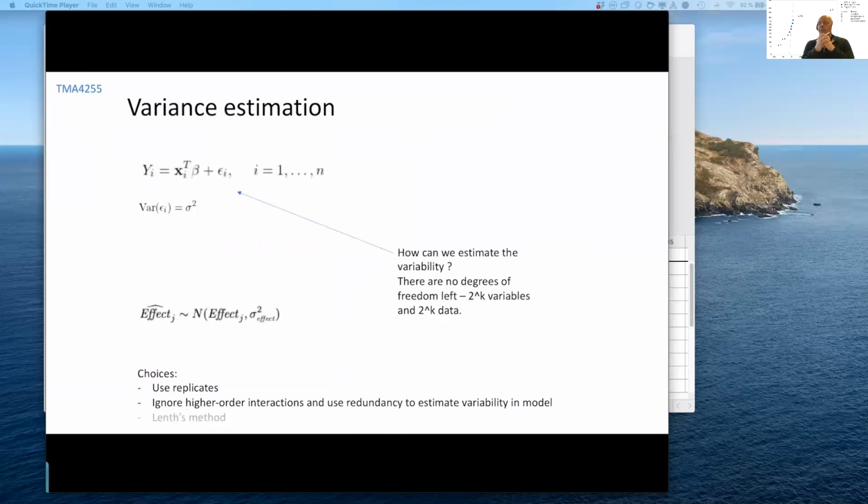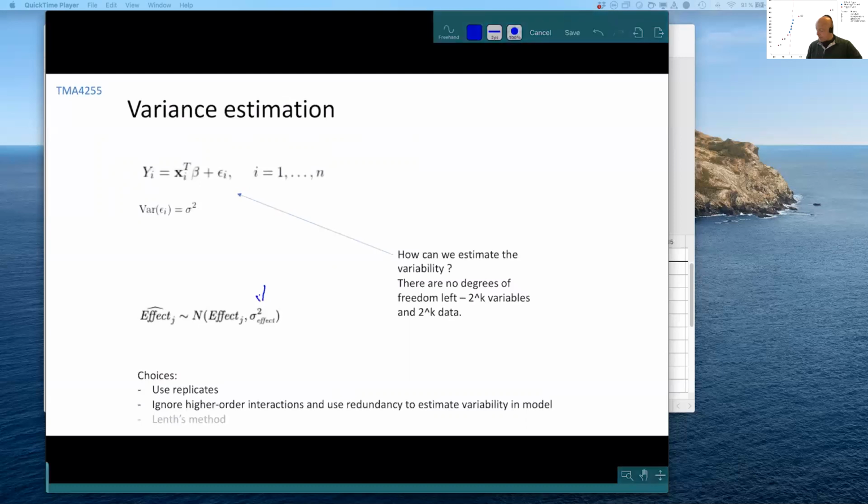But if we have 2 to the power k experiments and we have 2 to the power k factors because we want to estimate all effects of A, B, and C and all these interactions A, B, ABC, etc., then we have no redundancy to estimate the sigma squared. So it would be difficult to estimate this.